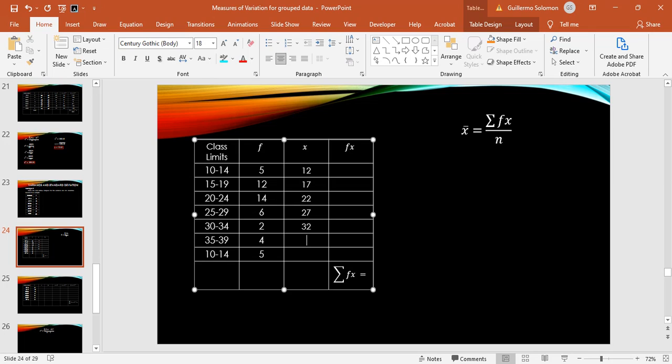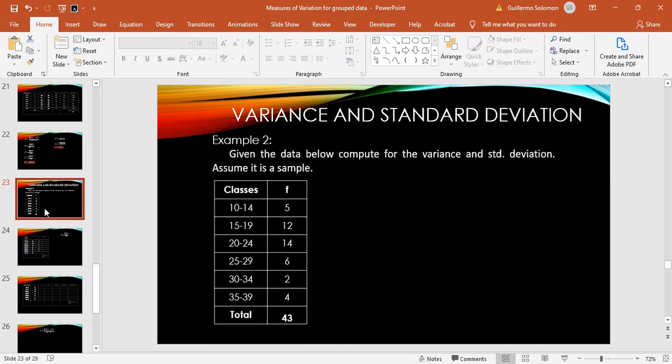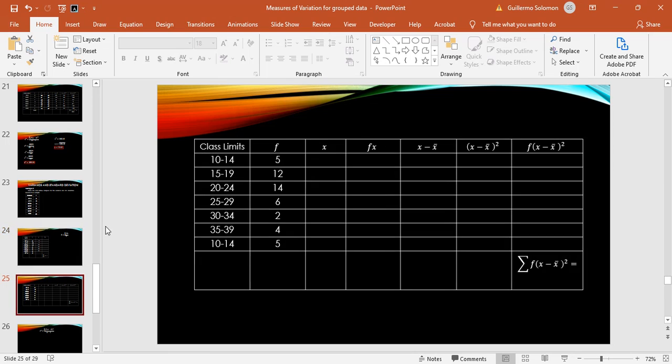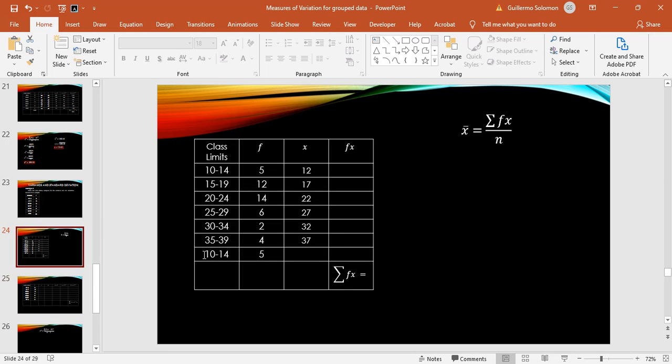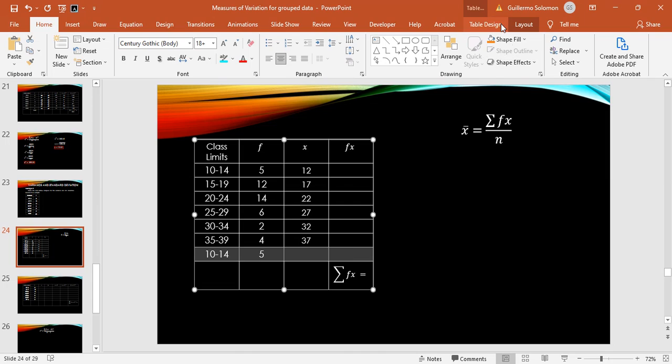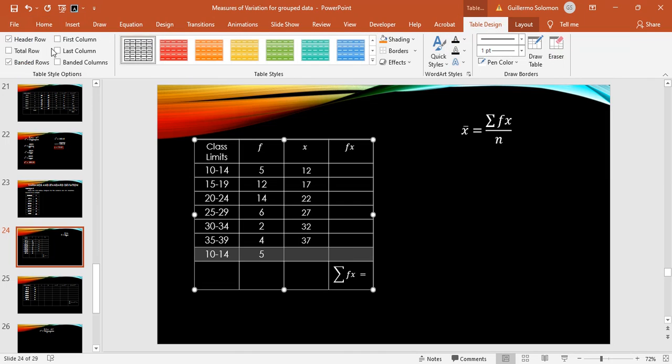So 35 plus 39 divided by 2, that is 37. Oh, ba't may naulit na 10 to 14 dito? So, alisin lang natin tong last column dito. Hindi siya kasali.